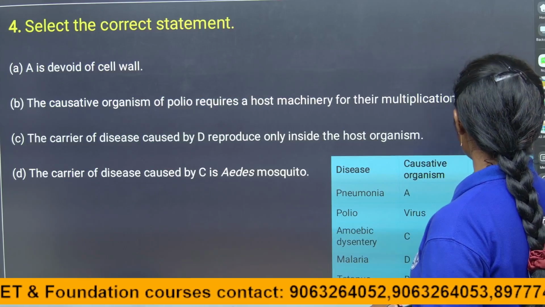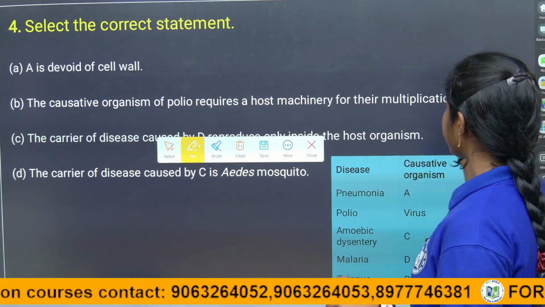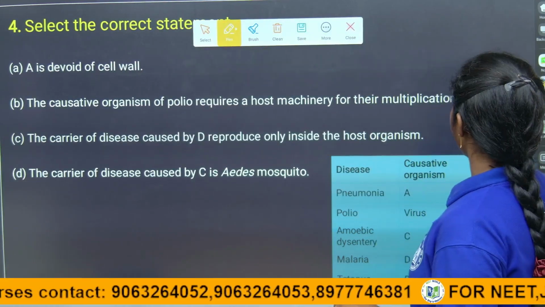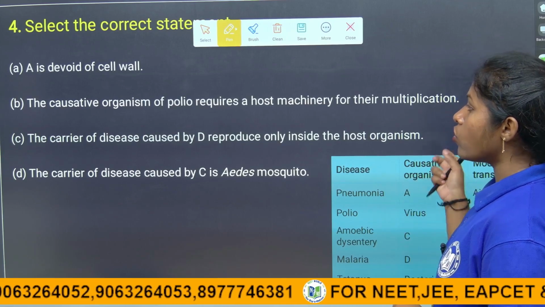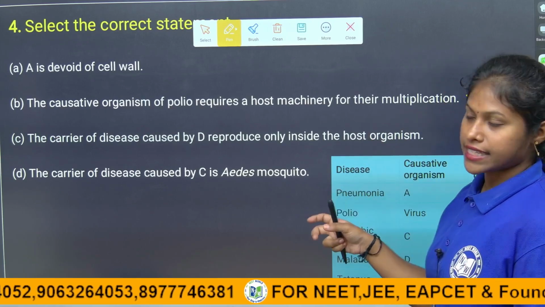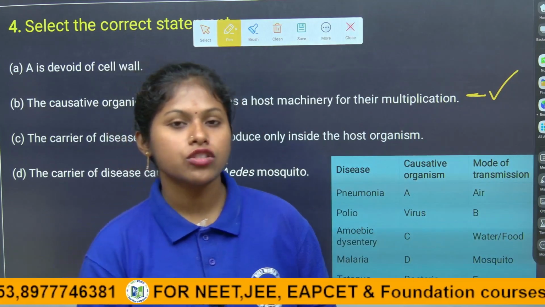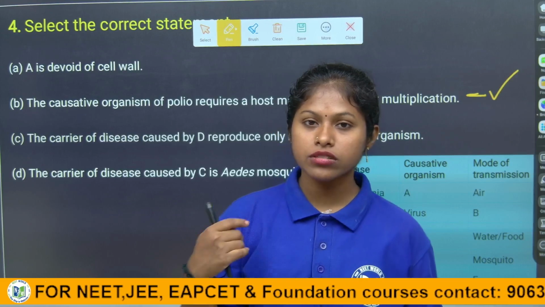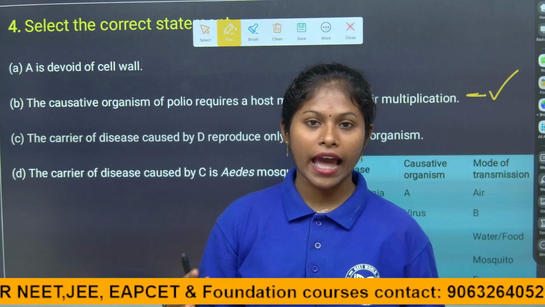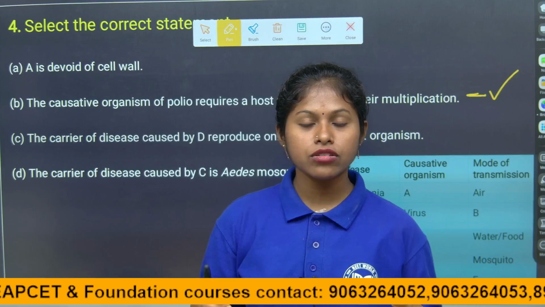So here the answer is, children, B is the correct statement according to the given options, because the causative organism of polio is a virus and it definitely requires the host machinery. The living traits are shown by the virus inside the host only. Outside the host it exhibits non-living characteristics because it does not have any cellular organelles.